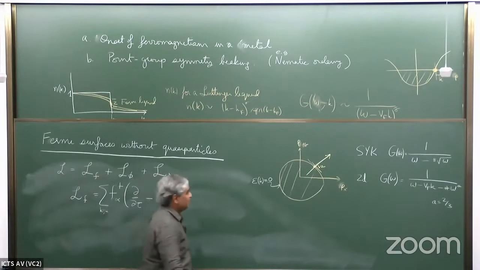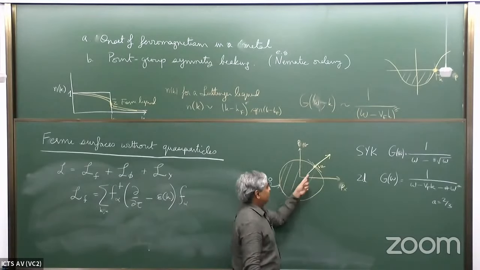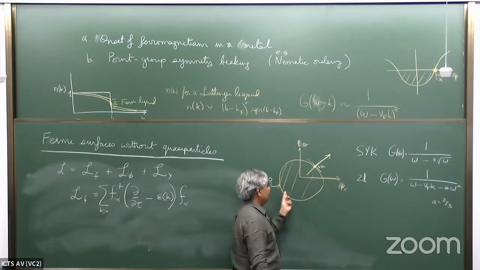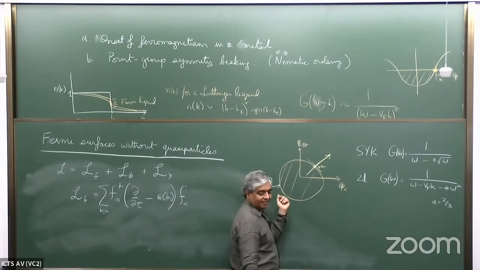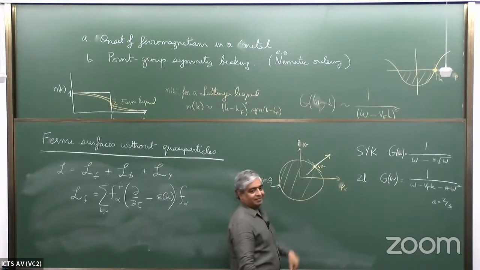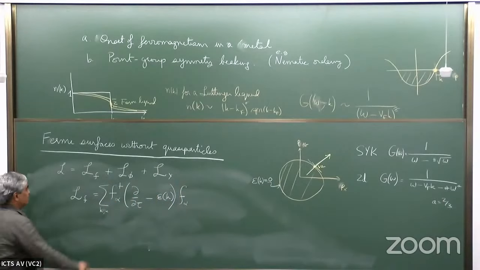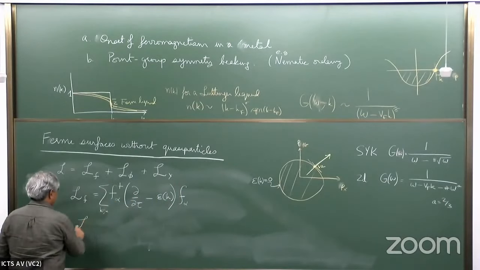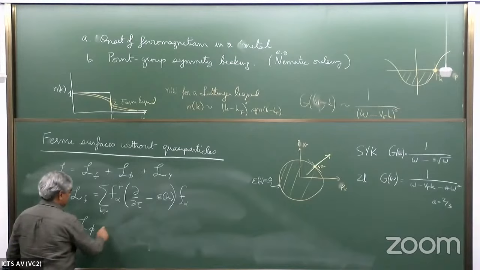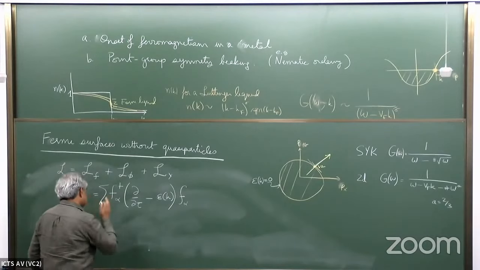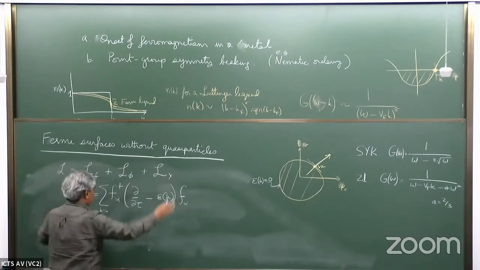One way to do it is to just linearize these and write it as an infinite number of 1D chiral fermions. That doesn't work. That's wrong. Then there's a scalar field, for which I will take the continuum limit because it's a zero momentum order parameter.